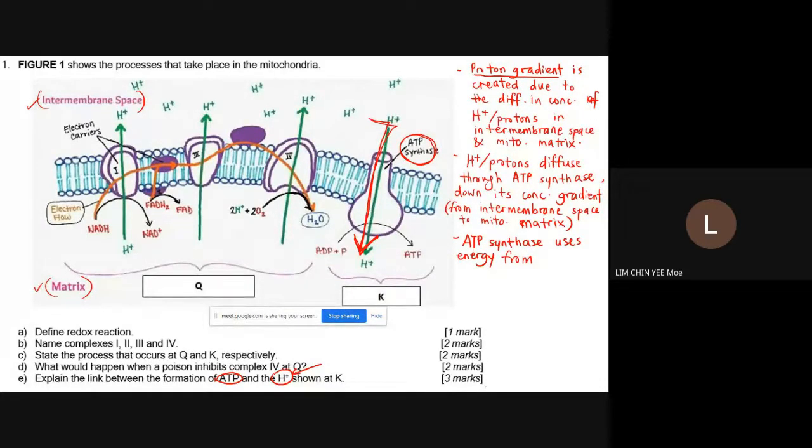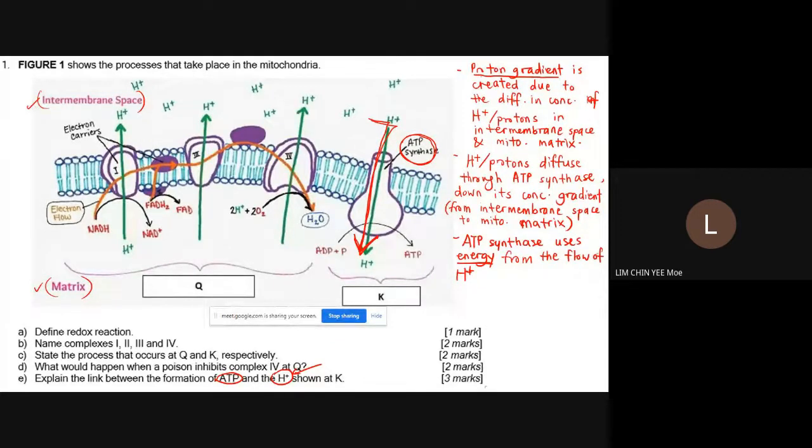Protons pass through. And you should remember that, like I showed you the video just now, when the H plus flow through, actually it gives out some energy. Energy inilah yang diguna oleh ATP synthase untuk buat ATP. So we say ATP synthase uses energy from the flow of H plus. You say like this, tak boleh hanya cakap activated. Macam mana dia activated?